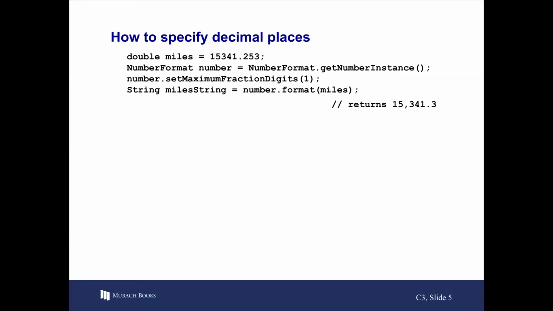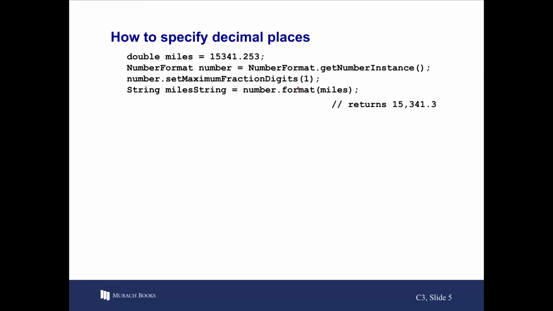Then also you can use decimal formats. I don't use this much because we're going to learn about printf, which allows you to do some rounding of numeric values. So typically I just use the percentage and the currency formatters. This one is available though, if you want to do that.